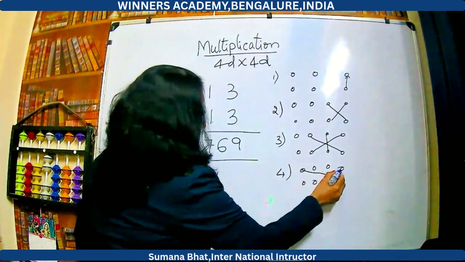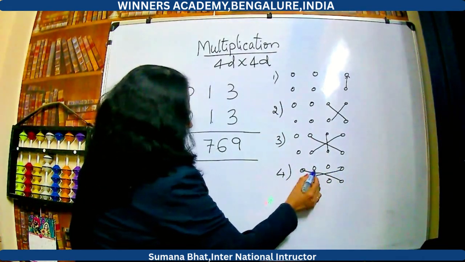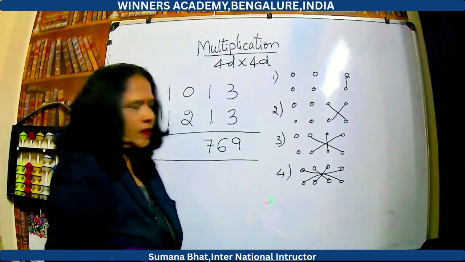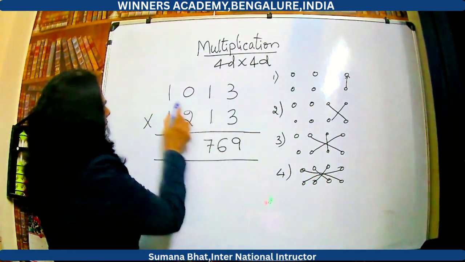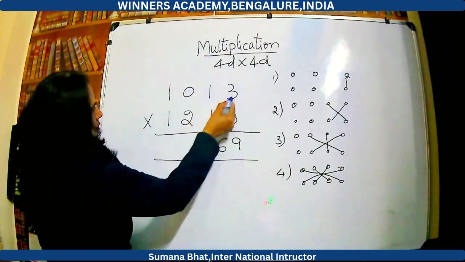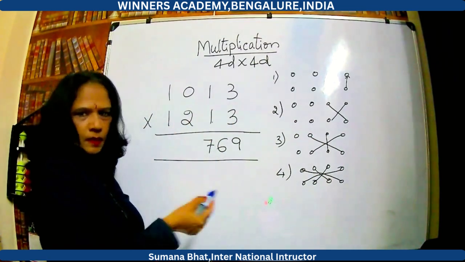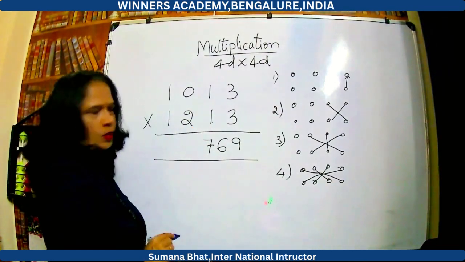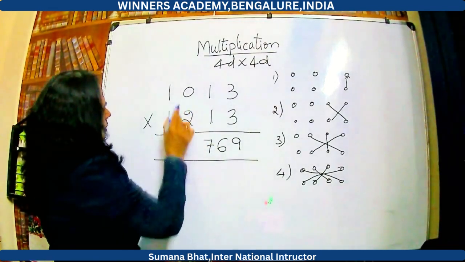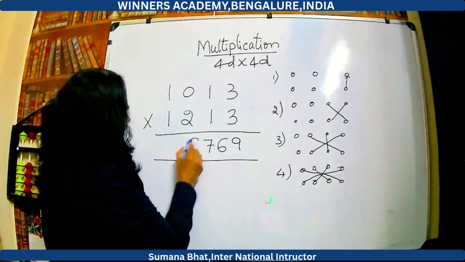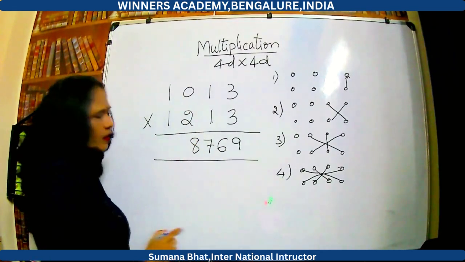Multiply these diagonals. 3 into 1, that is 3. 3 into 1, that is 3. 3 plus 3, 6. 1 into 2, 2. 6 plus 2, 8. 8 plus 1 into 0, 0. So that is 8. Okay.